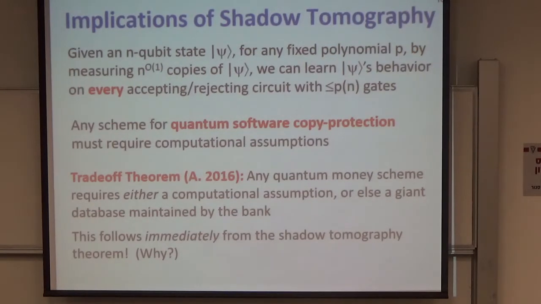But if you have neither of those two, then a counterfeiter who had unlimited computation time could always, by measuring a polynomial number of legitimate quantum bills, learn the behavior of the bill on every possible verification test, and that would then let them mint new bills. This again follows almost immediately from the shadow tomography theorem.